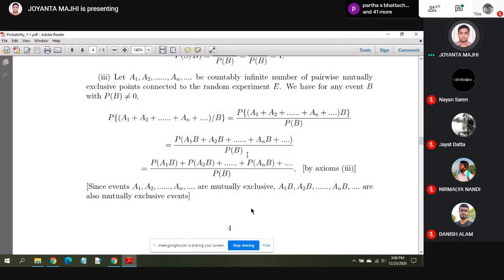If A1B, A2B, A3B, an infinite number of events, are mutually exclusive, then by axiom 3 we can say that the probability of A1B plus A2B plus infinitely many equals probability of A1B plus probability of A2B, that is the sum of the separate individual probabilities. It comes from axiom 3.